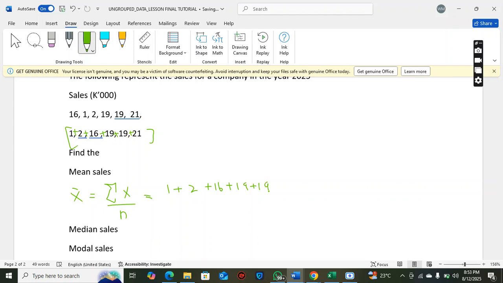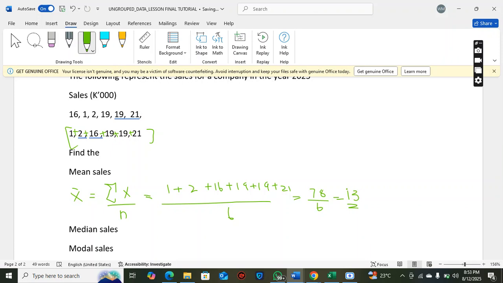Then we have, let's see, how many data values? 1, 2, 3, 4, 5, 6, 7. So 78 divided by 7... 13. This is the average sales.